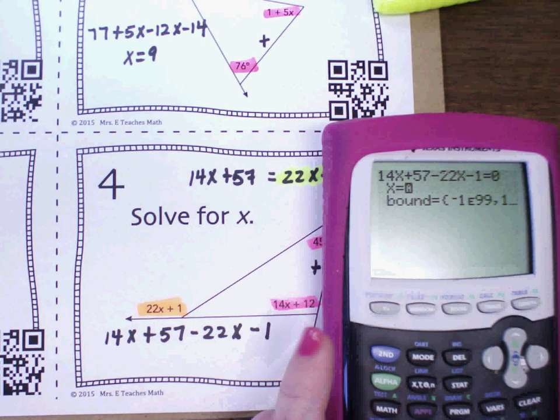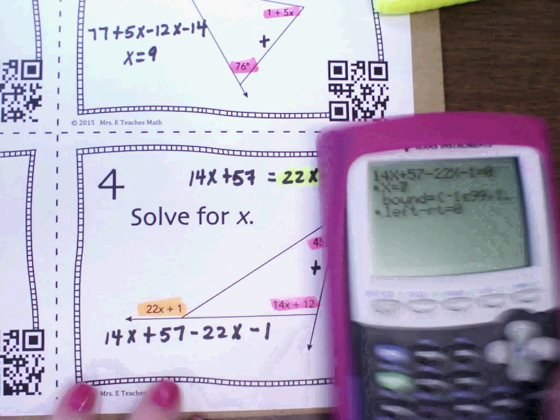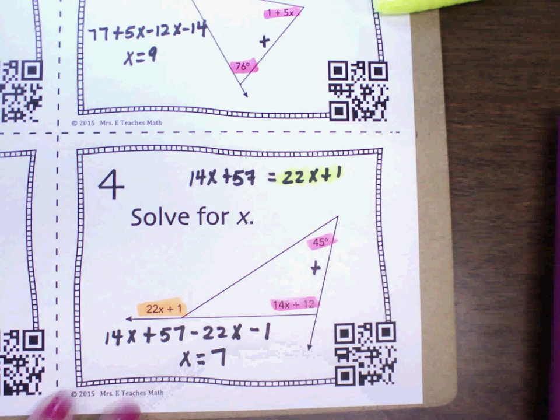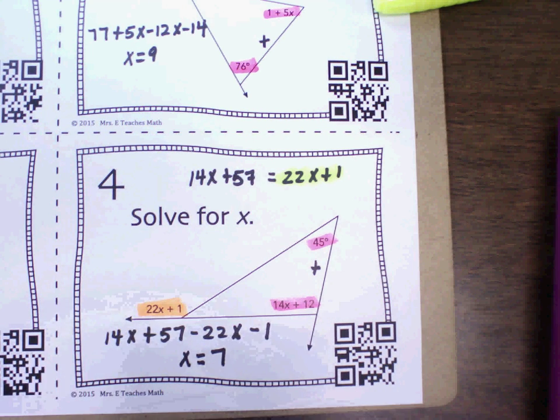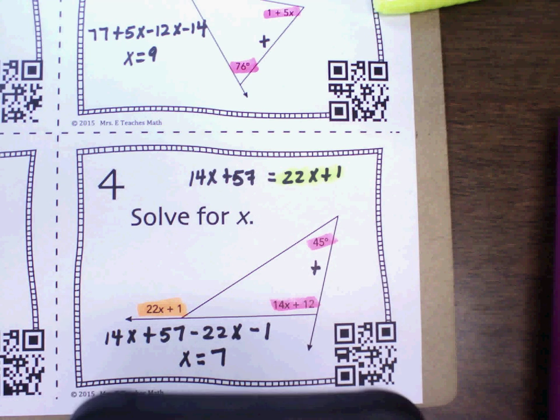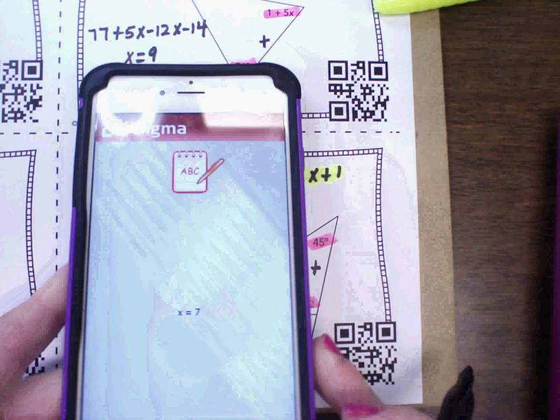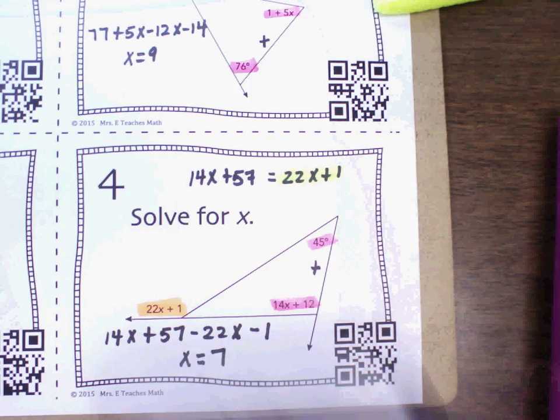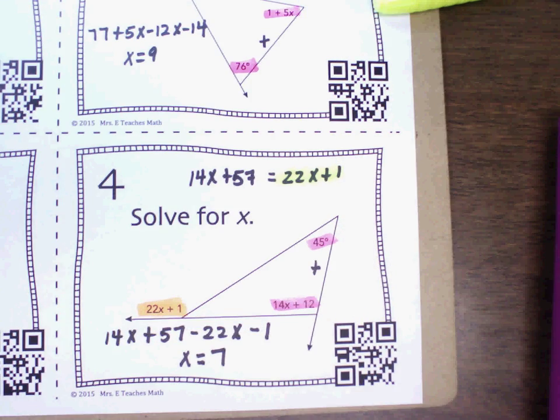Enter alpha. Enter. And we got that x equals 7. Let's scan it just to make sure. There you go. And x equals 7. Are we good? All right. I need you to try the next one on your own. Go.